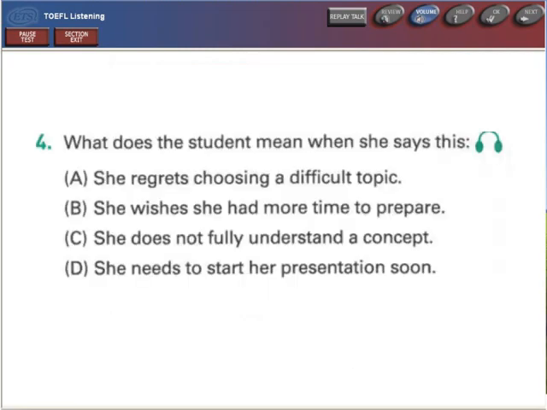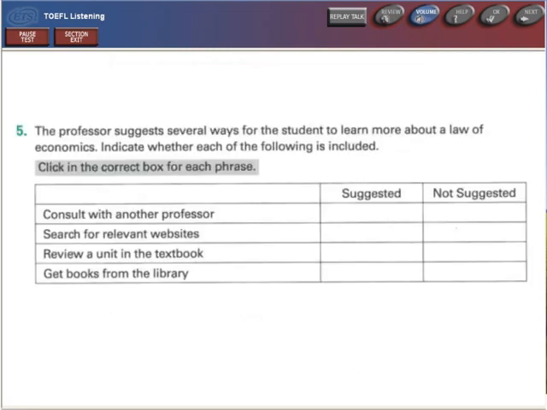4. What does the student mean when she says this? I think I have a lot of work to do for my presentation. 5.